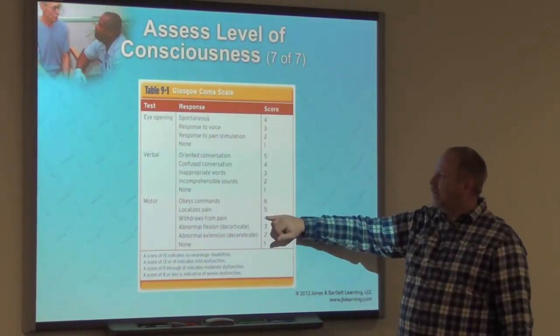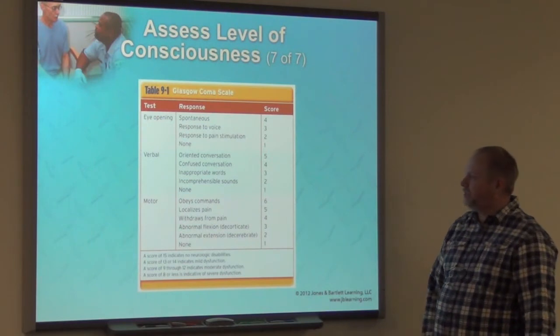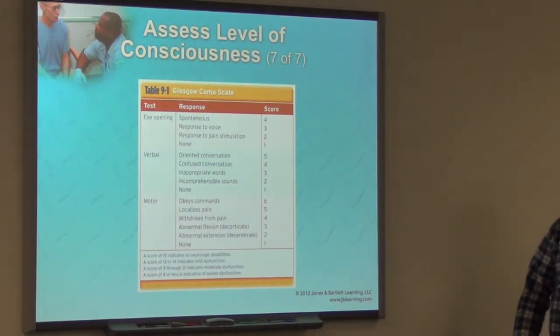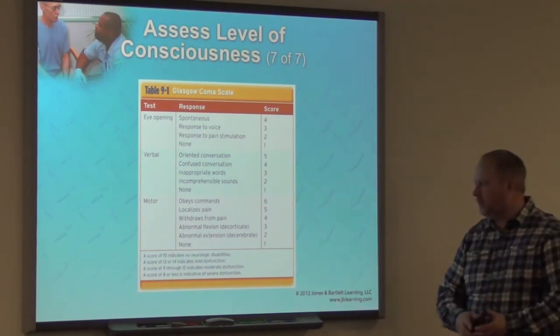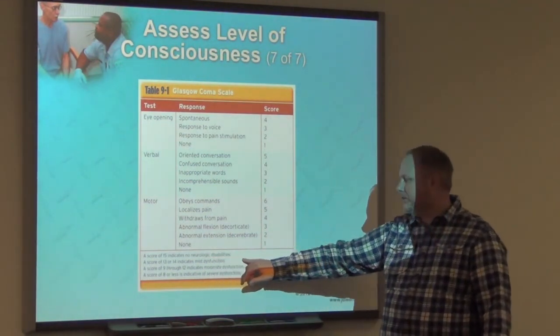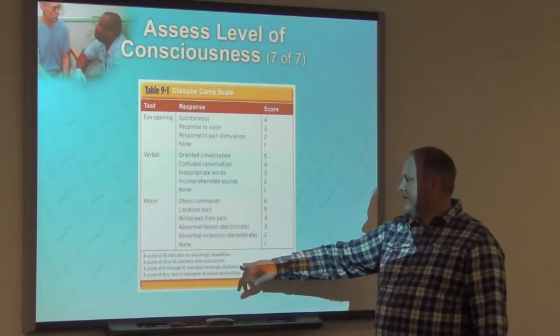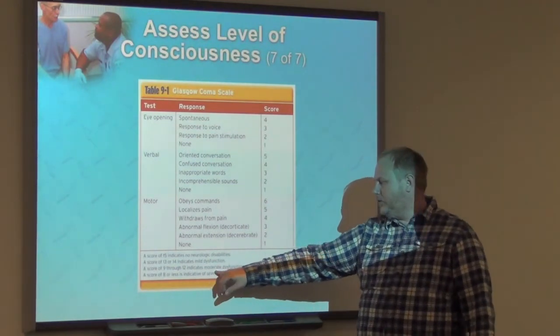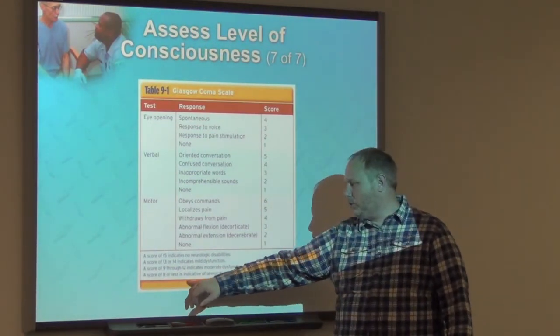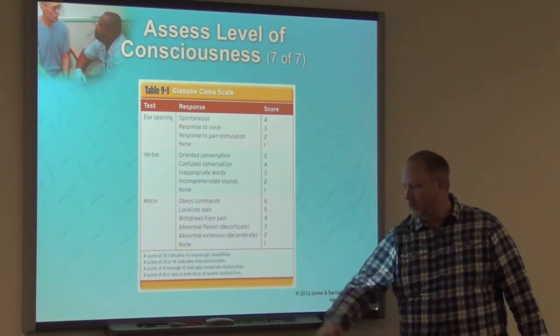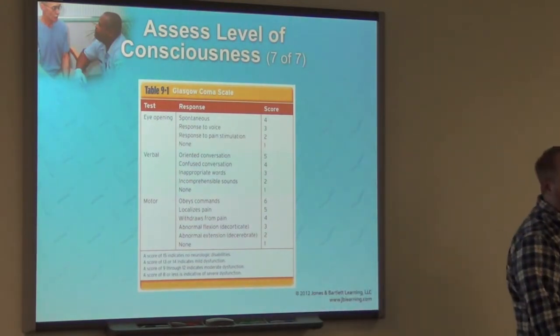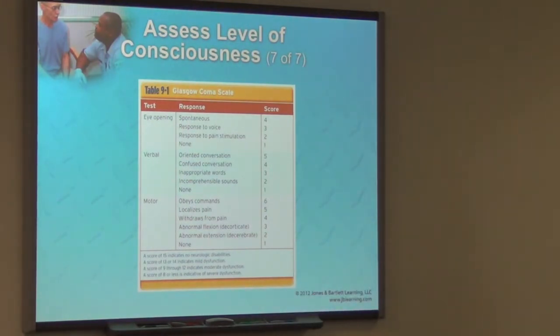Verbal, you can get a score of 5 as the top, and motor is a score of 6. So here, a score of 15 indicates no neurological disabilities, 13 or 14 indicates mild dysfunction, 9 through 12 indicates moderate dysfunction, and a score of 8 or less is indicative of severe dysfunction. If you have an 8, that's a pretty sick patient.